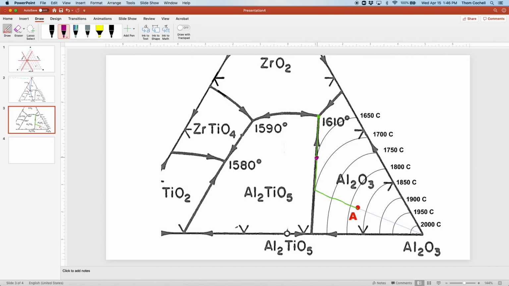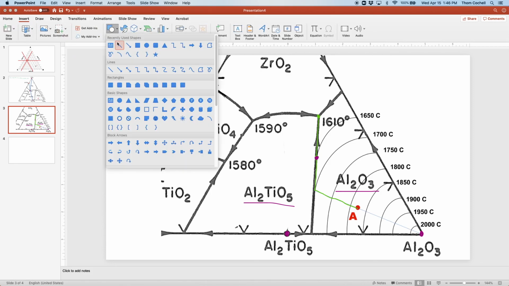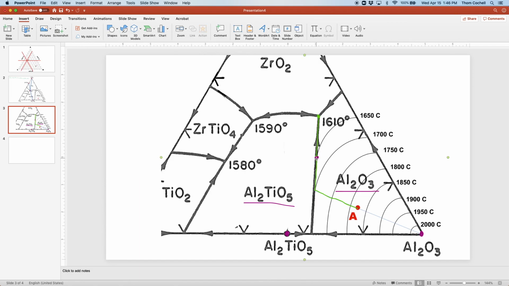But I also know I have this phase and this phase, those two, because I'm on this boundary curve. The compositions of those phases are here for Al2TiO5, and then Al2O3 is down here. So I have the composition of those 3 phases, and to get the amounts, I draw a triangle containing those 3 compositions.